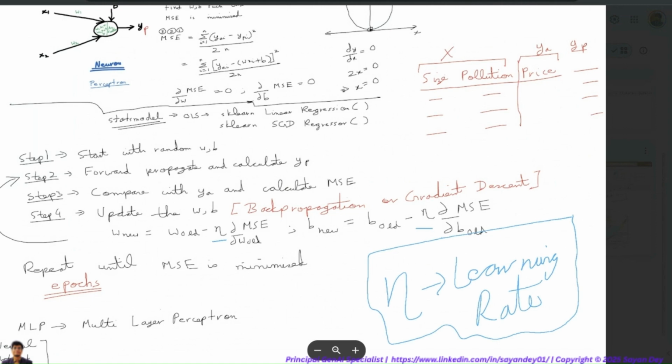Zero learning rate means no learning is happening. That means the new weight is equal to the old weight, and the new bias is equal to the old bias. There is no change in the weights, so the weights and biases will not get updated.